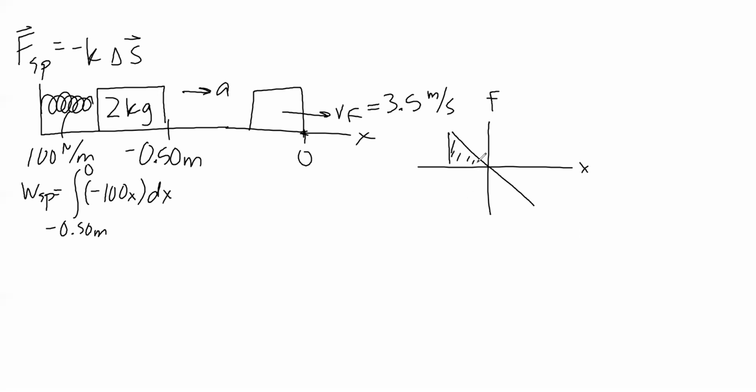Right. This represents the work done by the spring from minus 0.5 to 0, and it's a positive number, and this has a negative slope. The slope here is minus 100, or minus k in general. So work does have that interpretation as area under the force versus position curve.